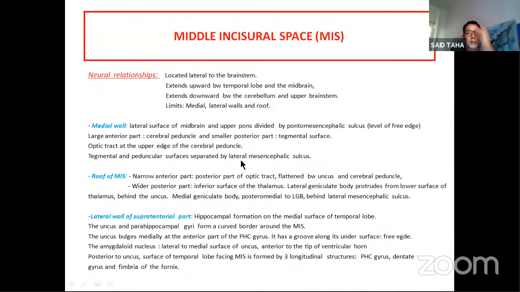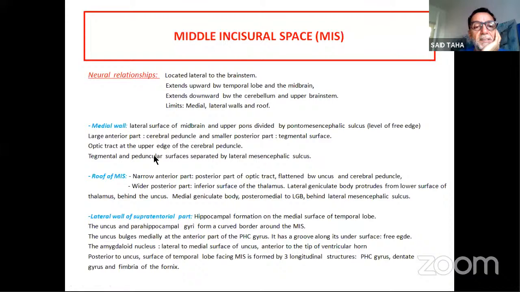The medial wall is the lateral surface of the midbrain and the upper pons, divided by the pontomesencephalic sulcus at the level of the free edge. We have a large part formed by the cerebral peduncle, and a smaller posterior part formed by the tegmental surface.